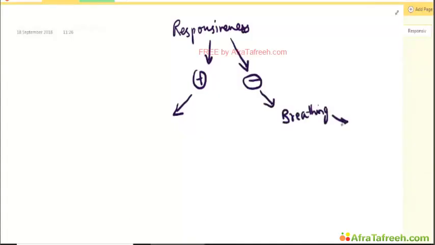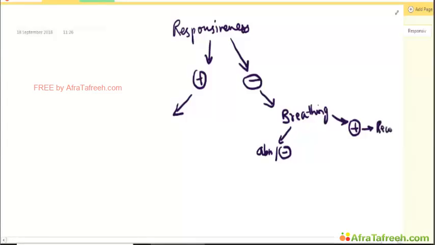The patient is either breathing well, or has abnormal or absent breathing. These could be the two options. If the patient is breathing well, he should be put into the recovery position to prevent aspiration.